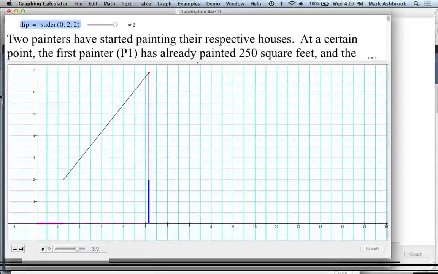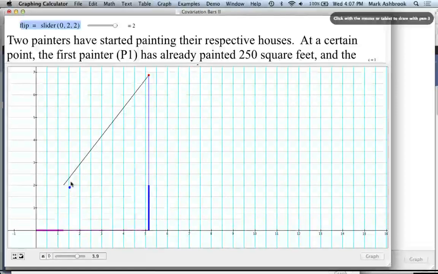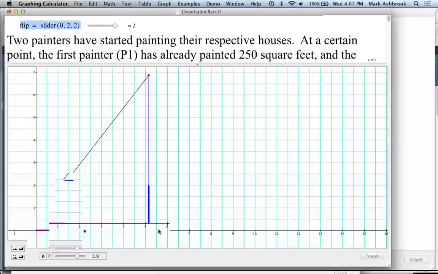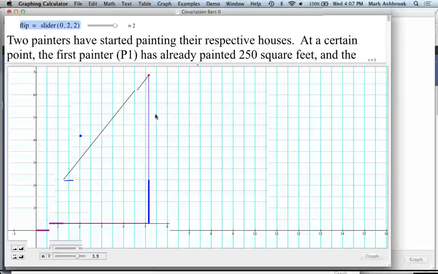Okay, so as painter 1 paints 100, ignore the axis numbers. So the blue lines are still 100. So the grid lines are 100 square feet each. Okay, just ignore the axes values. As painter 1 paints 100, how much does painter 2 paint? Right, 1.25 times as much as that.